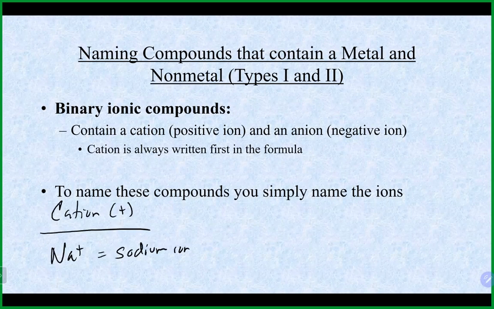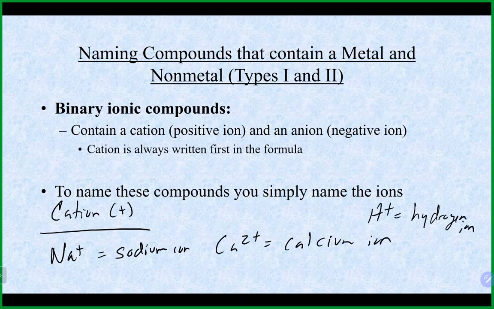If we had calcium, this would be the calcium ion. And if we had hydrogen, that would be the hydrogen ion. So as we talked about in that chapter, if it is a positive ion, we pretty much just use the whole name of the metal or whatever it may be, and we just put ion at the end.